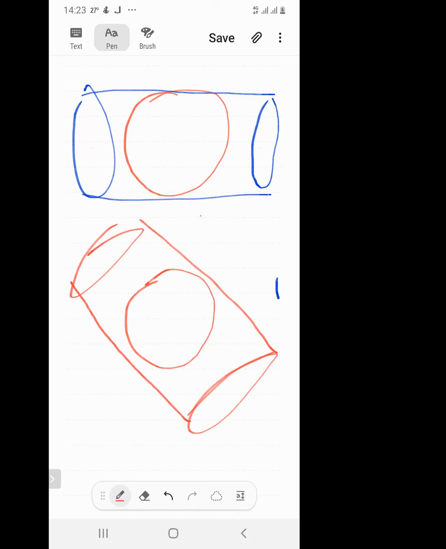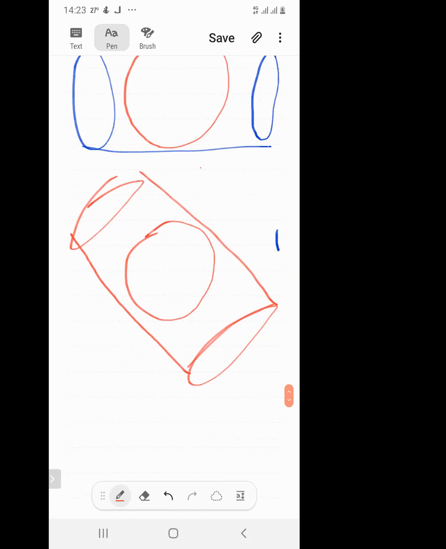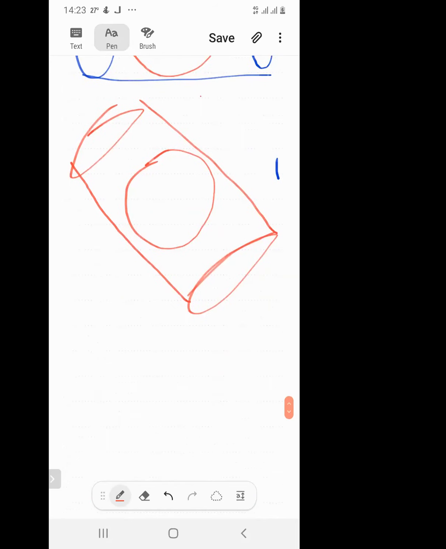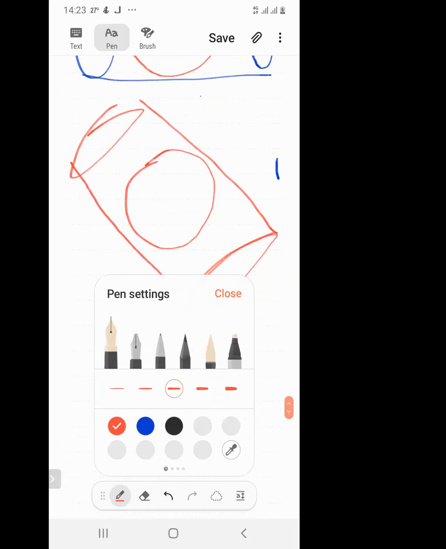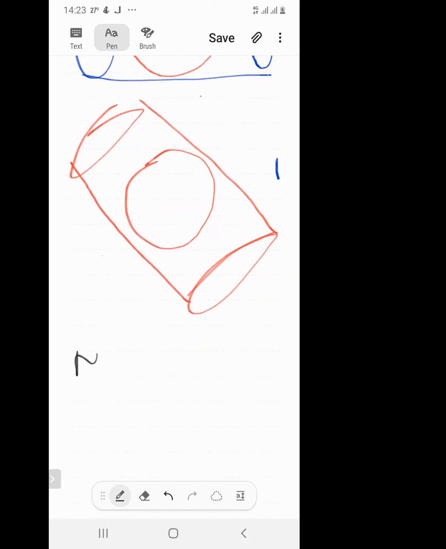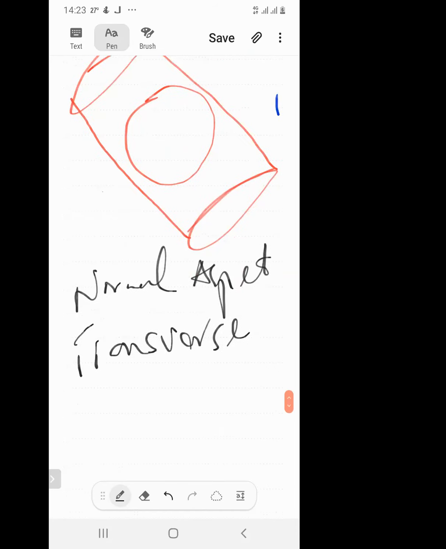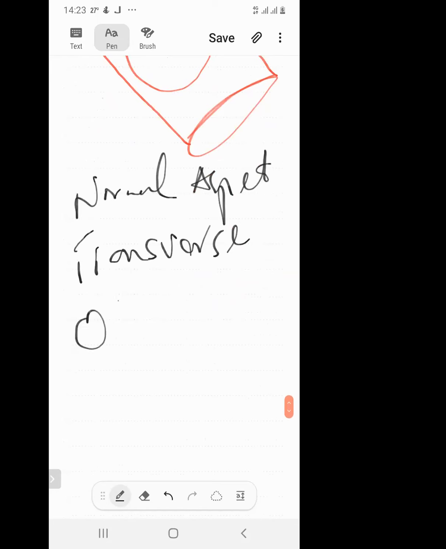When you do that, this is called the aspect of the projection. So we have the normal aspect, you can have the transverse aspect, then you can have the oblique.